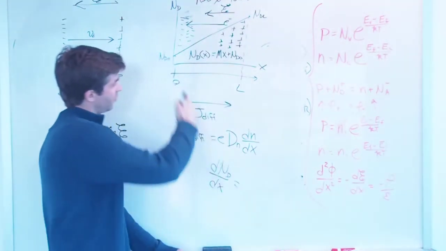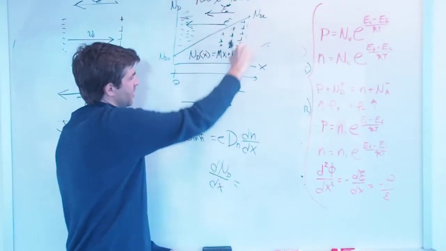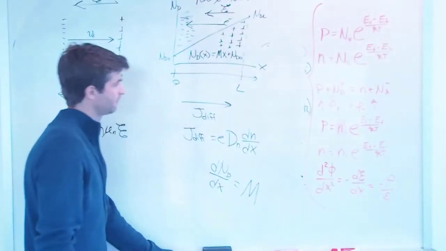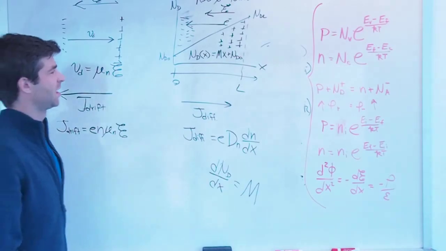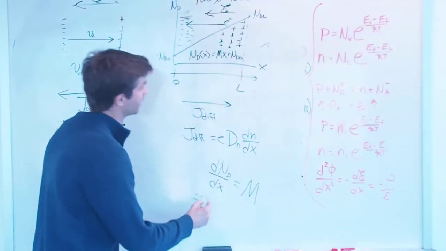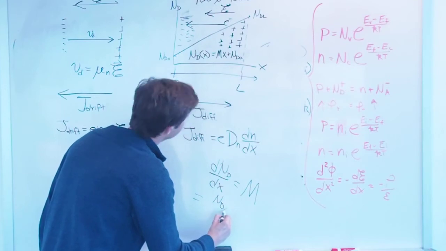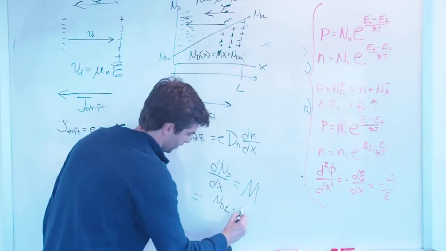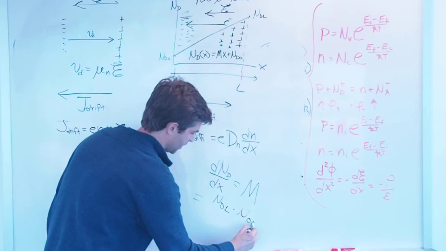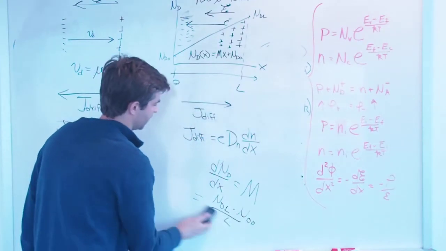Which basically is just the slope of this ND right here, which is just m, just like that. And we can find that actually by plugging in, ND(L) minus ND naught over L. But we'll get to that later.